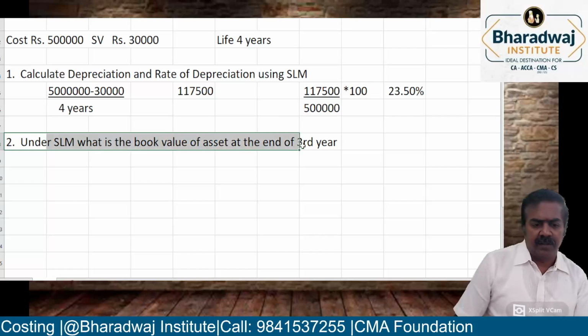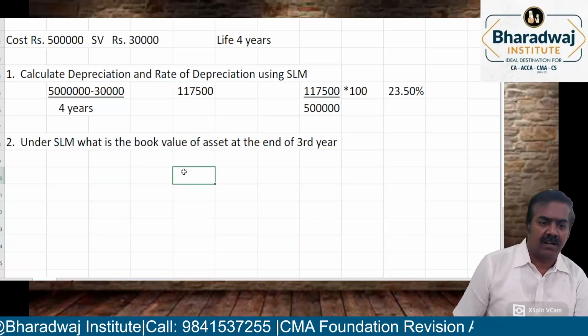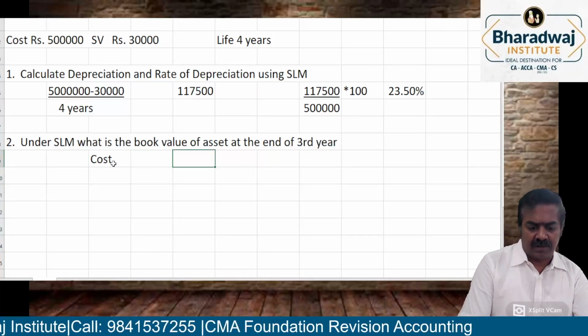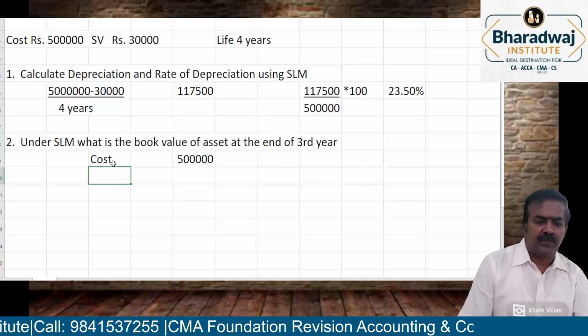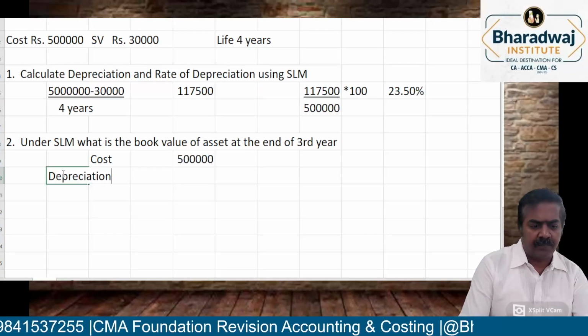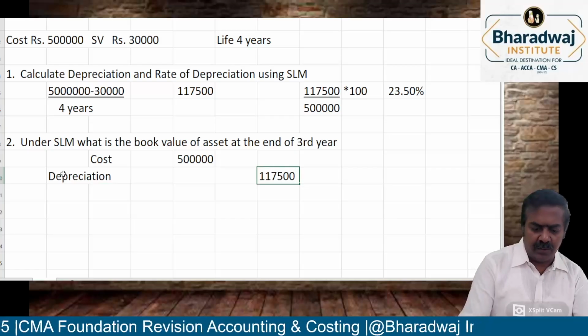Under SLM, what is the book value of the asset at the end of which year? Third year. How to work out? What is the cost of the asset? 5 lakhs. Depreciation, we know it's going to be uniform. Depreciation will be 1,17,500 into 3 years.